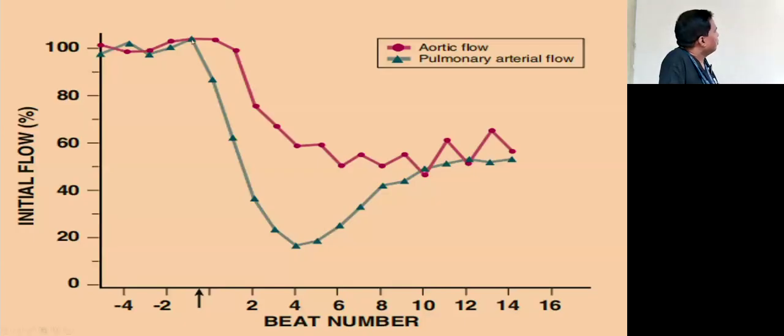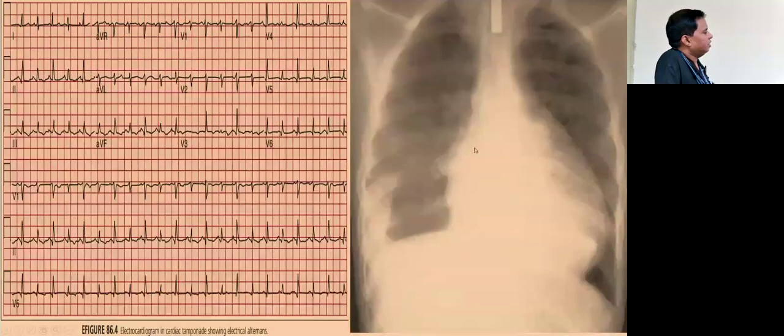When they instilled fluid, suddenly the pulmonary arterial flow dropped, an abrupt drop compared to the aortic flow. After 2 beats, there is a drop in the aortic flow. So initially there is no drop in the aortic flow, and then afterwards it equalizes. During this time, there is a shift of fluid from the pulmonary circulation to the systemic circulation. That is what causes the reduced pulmonary vasculature observed in pericardial tamponade.